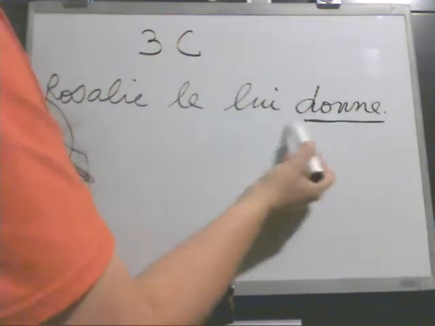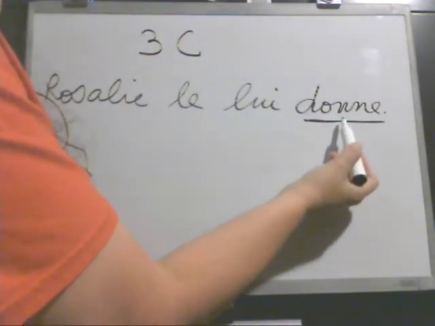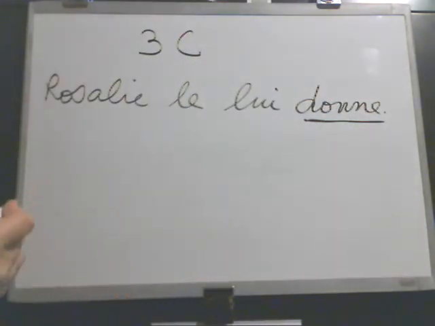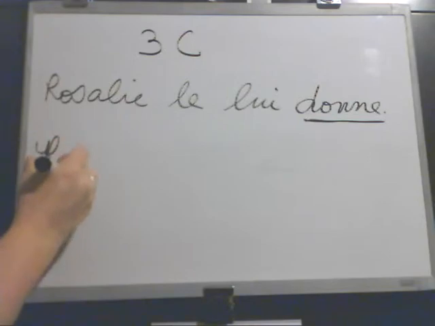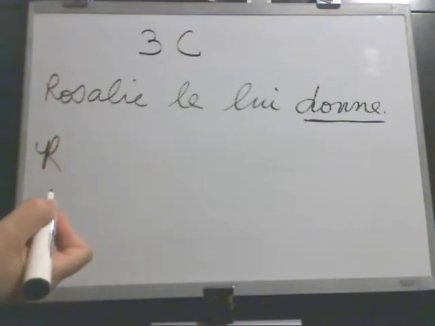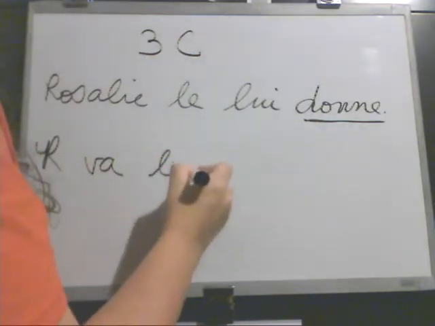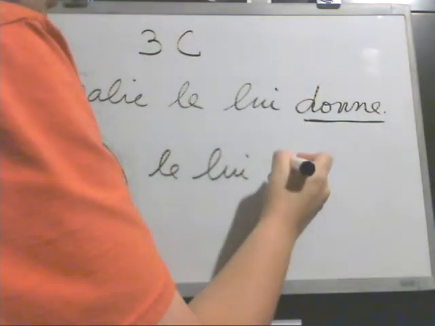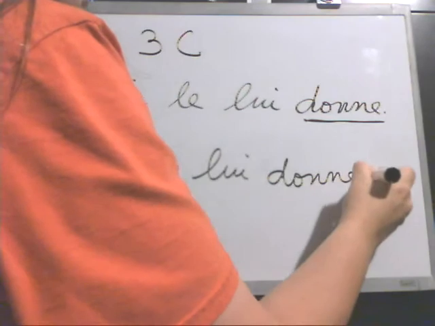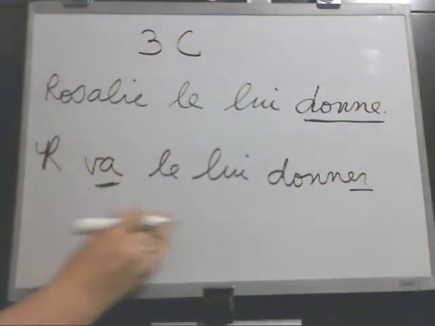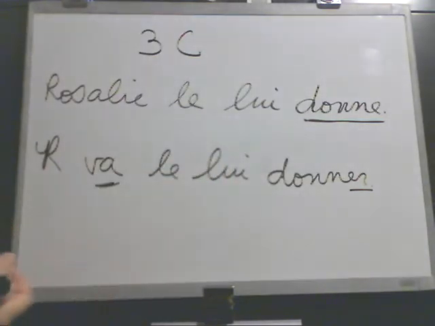So the pronouns are going to come before this verb, even if this verb isn't conjugated. So let's use that same example. Rosalie, and we're going to use is going to give. Va, le, lui, donner. And here this is in the infinitive, because the other verb is conjugated. Rosalie is going to give it to her.